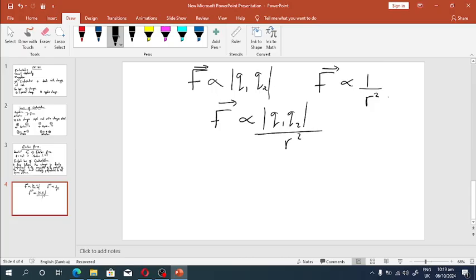And so once we have this, when we change the proportionality sign to an equal sign, we introduce what we will be calling the proportionality constant.